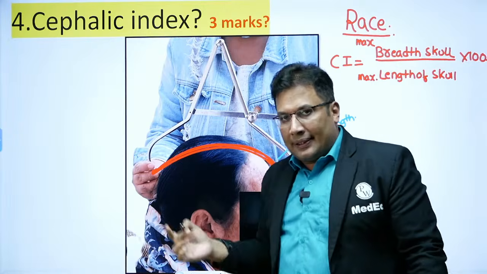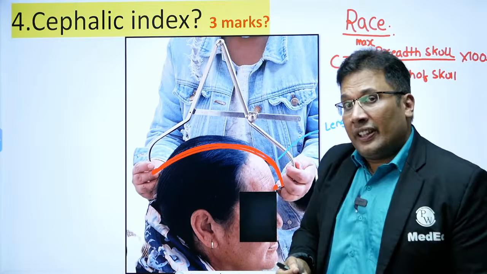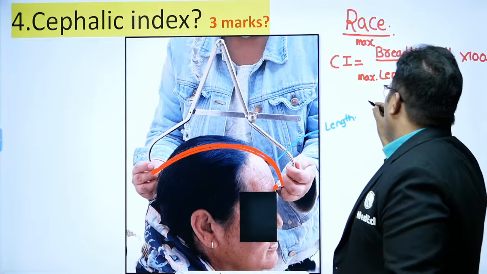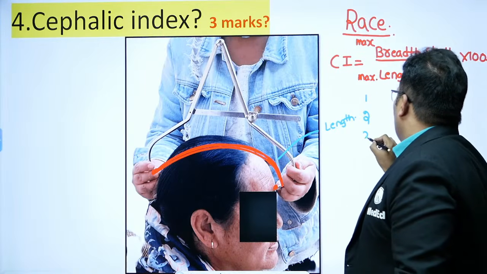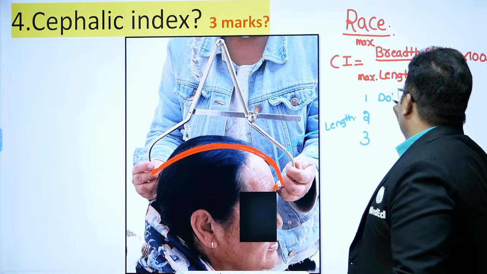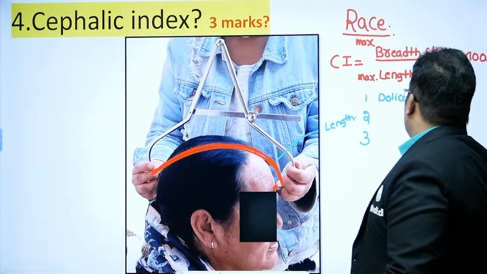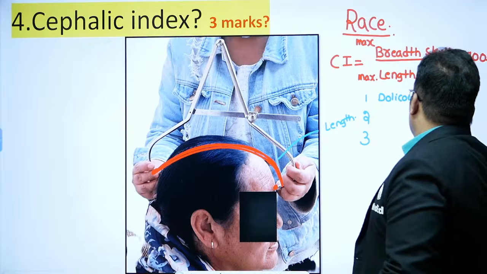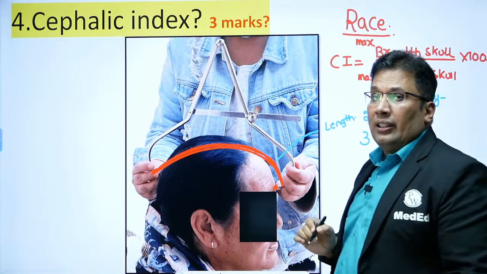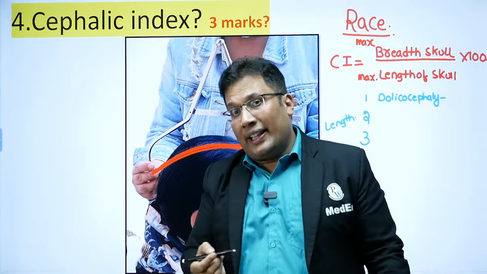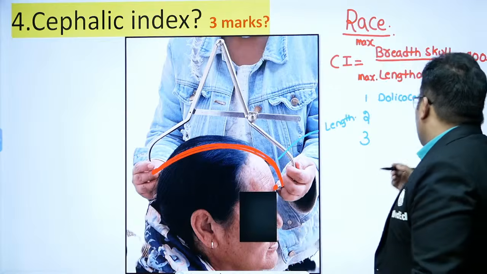So depending upon this, the skulls are classified into 3 types. One is dolichocephaly, long-headed, around 70 to 75.